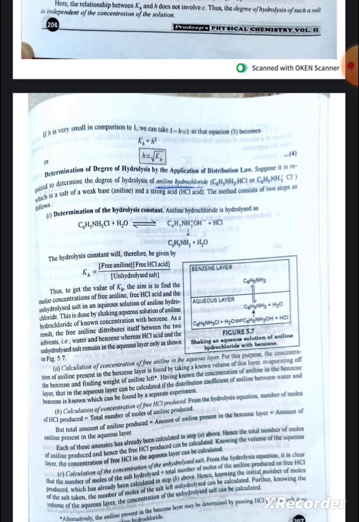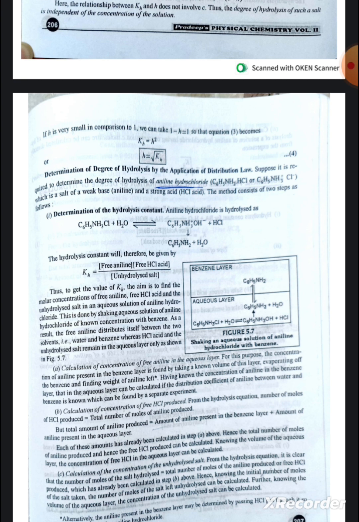This is done by shaking aqueous solution of aniline hydrochloride of known concentration with benzene. As a result, the free aniline distributes itself between the two solvents, that is water and benzene, whereas HCl and the unhydrolyzed salt remain in the aqueous layer only, as shown in the figure.